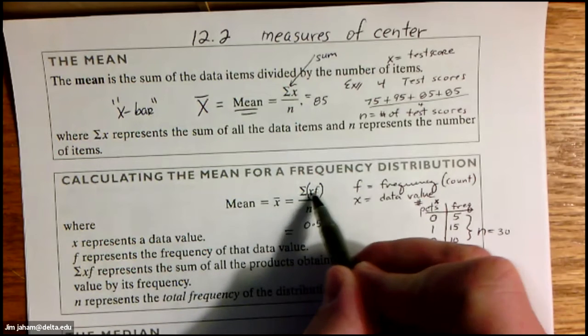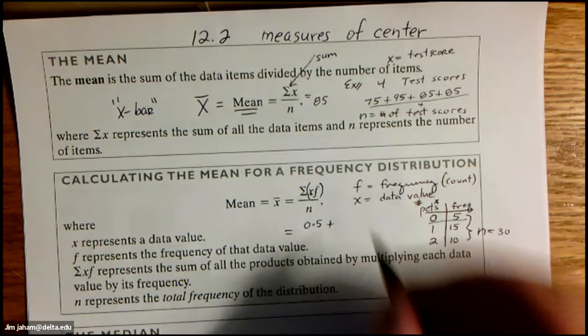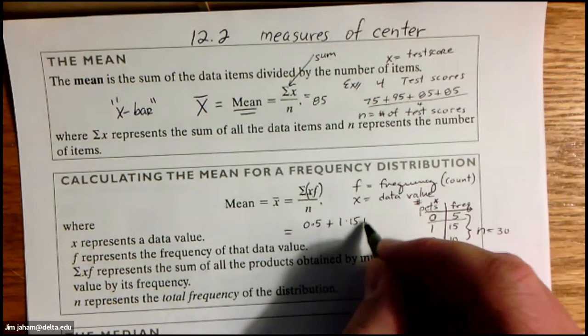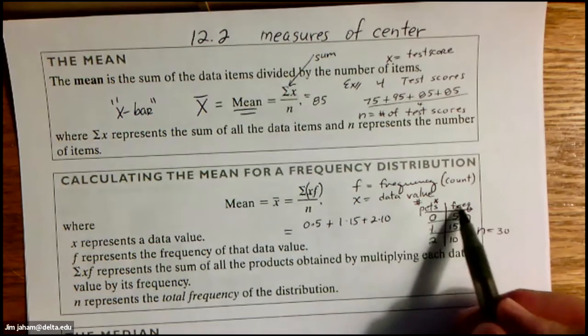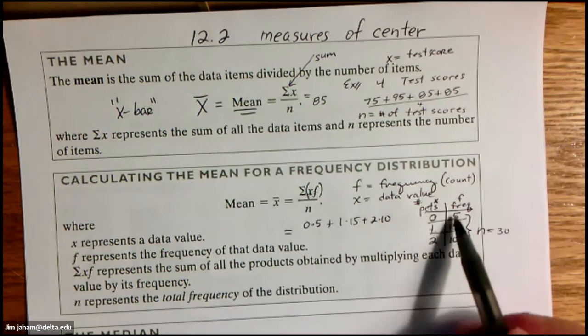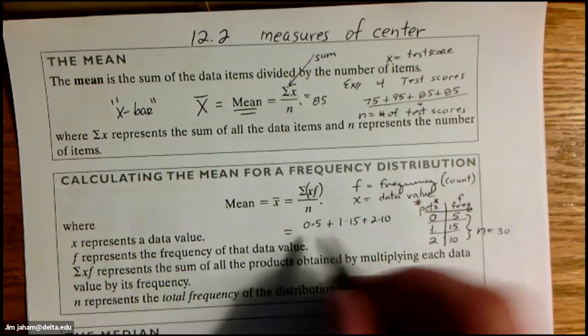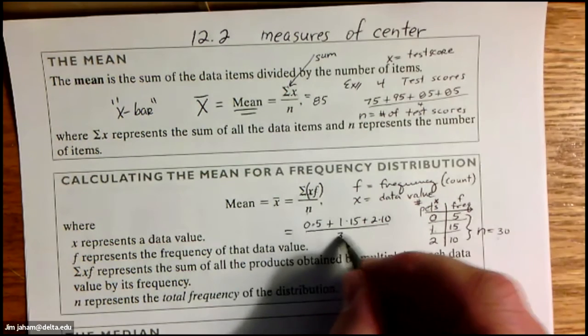So we're going to multiply 0 times 5, 1 times 15, and 2 times 10. We're going to multiply each of these numbers, the X times the F, and add them all together. Then we're going to divide by the N, which is 30.